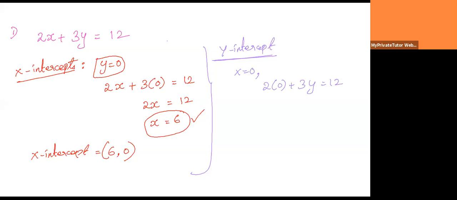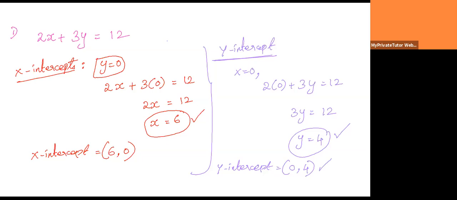Okay, Joseph. Yes, 2 times 0 is 0, and 3y = 12, and you guys know that y = 4. And what is the point then? You can say the y-intercept is 4, but while writing, most of the time you need to write using the coordinate, using the point. X is 0, the x value comes first, and the y value is 4, so (0, 4).